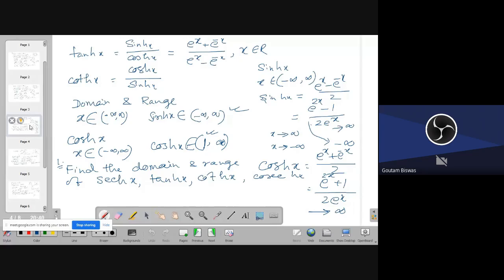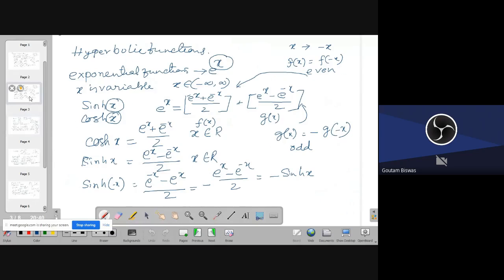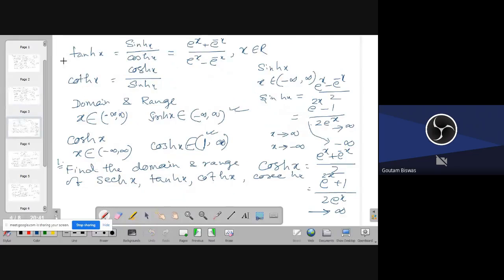Then this is the 2nd page, and this is the first page, I think. Yes, this is the first page. This is the 2nd page. Okay. This is the 3rd page.